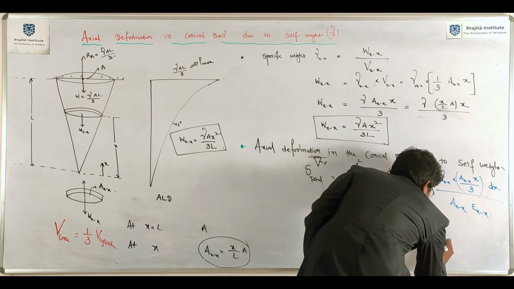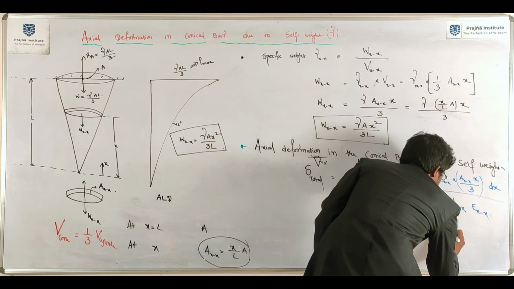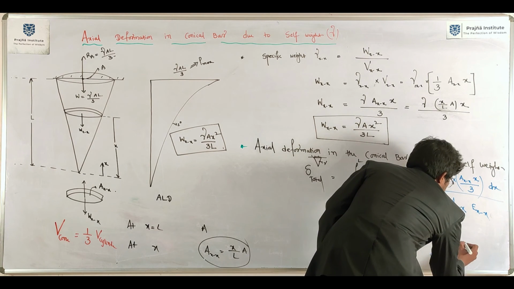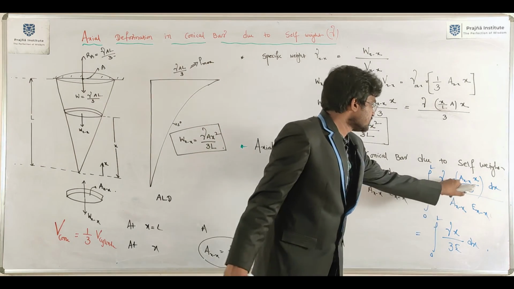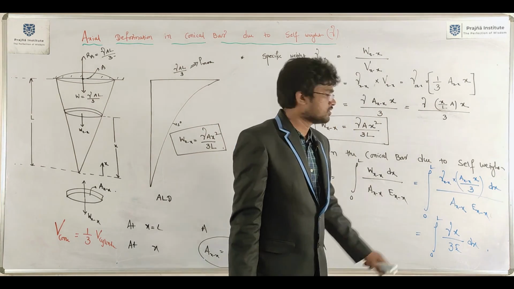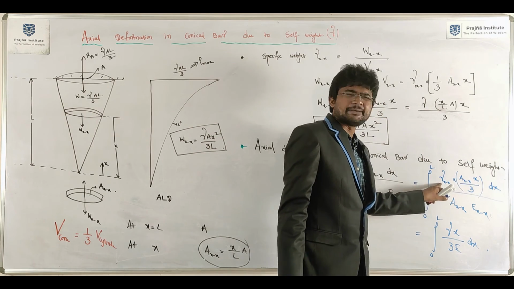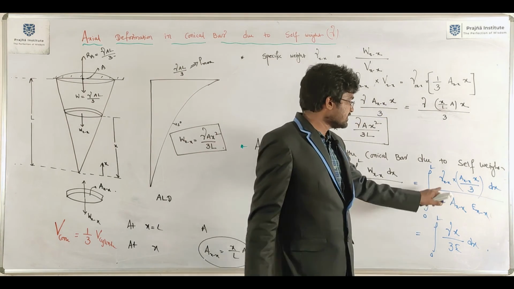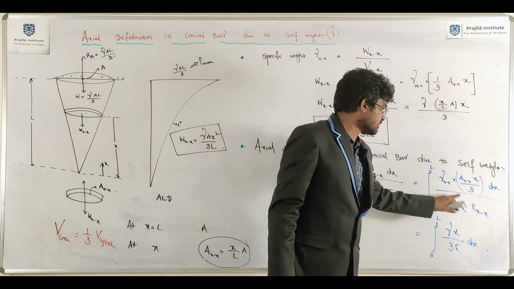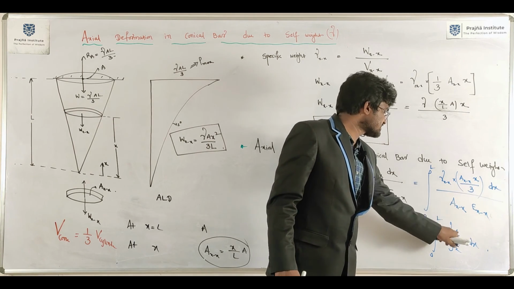Finally, you will get the integral from 0 to L of gamma x by 3E dx. A_x cancels out. Gamma is the same material, so at every cross section the specific weight won't change. E also won't change. x is varying.